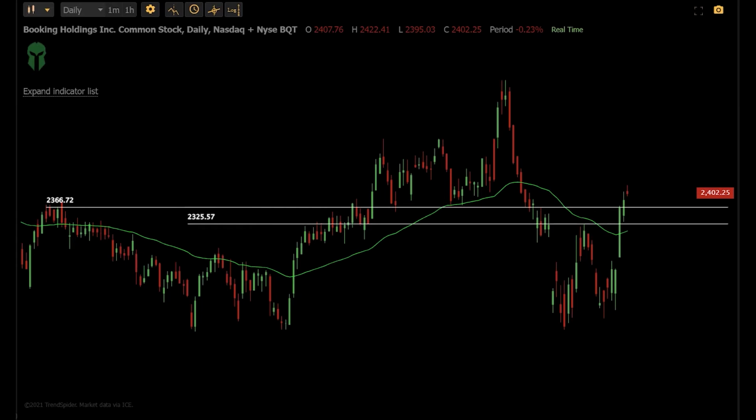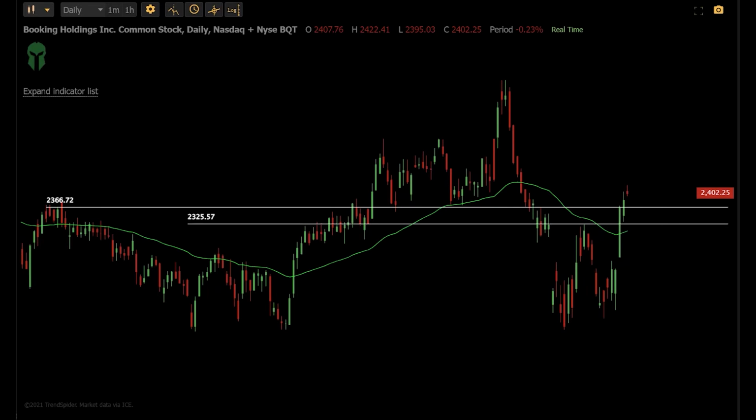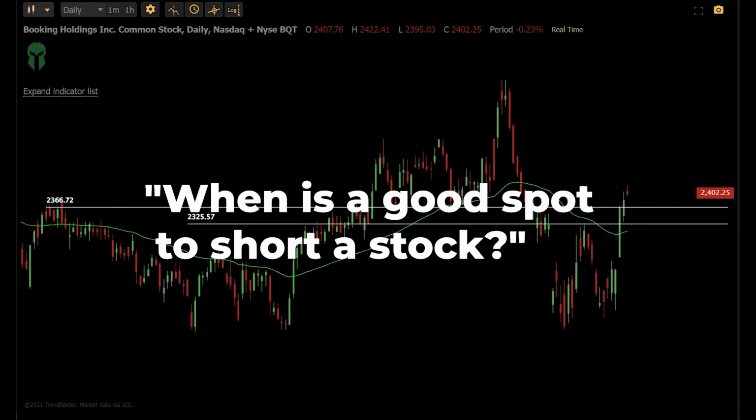So the next topic we're going to dive into right now is what I refer to as contra trading, reversal trading. And the purpose of this is to understand when you should be getting out of a position or whether you should be shorting a position. And this question actually came to me from Olivia. When is a good spot to short a stock?